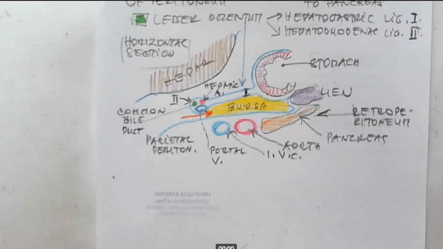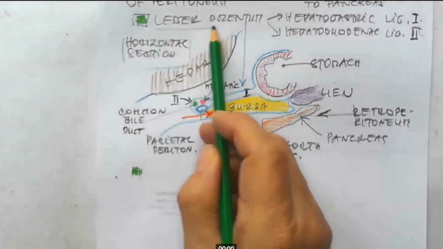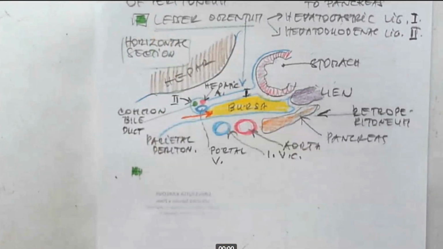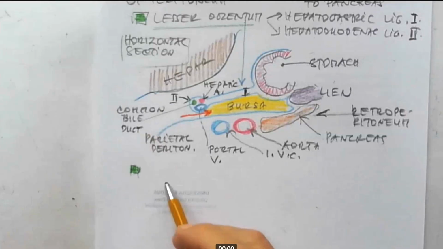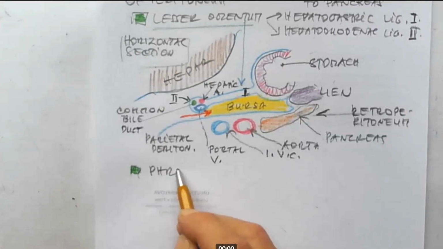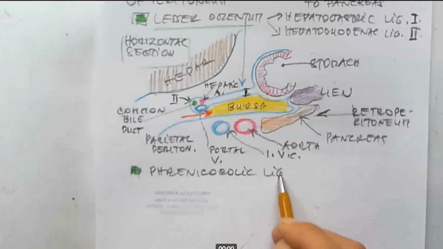Done. There is also one ligament which is not bad to mention, because here we said lesser omentum is one structure, and we could say that another ligament in this area is called phrenicocolic.